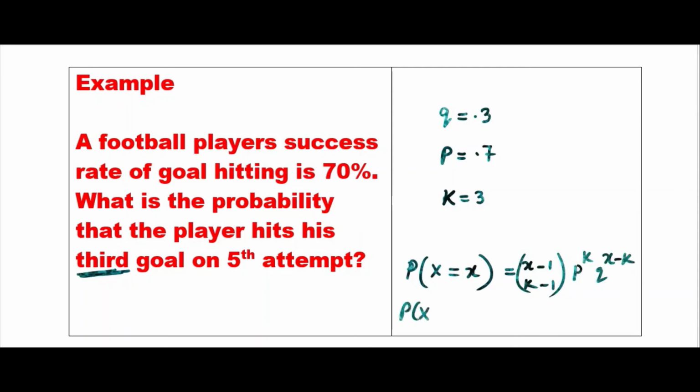So when you find probability X is equal to 5, that is 4 choose 2, p is 0.7, k is 3 here, q is 0.3, and x minus k is 2.